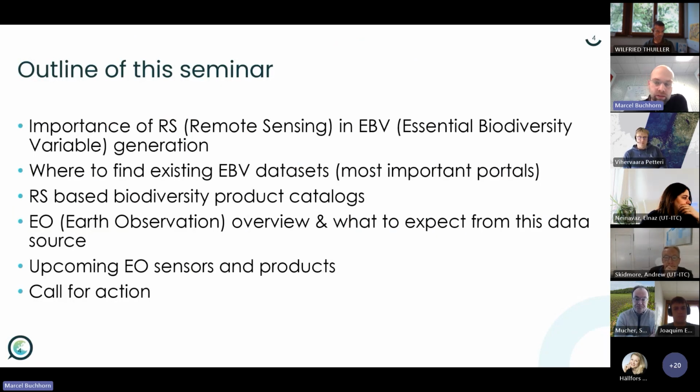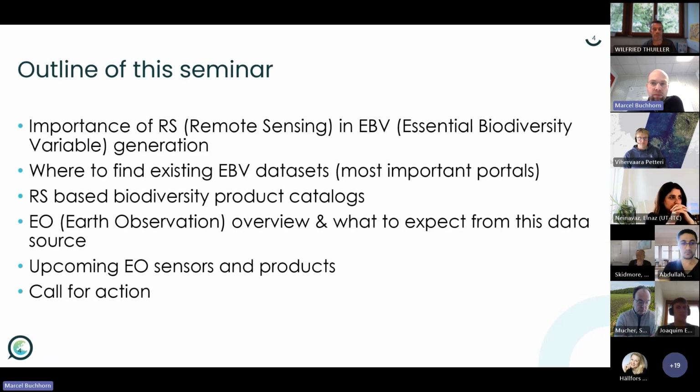Within this part of the talk, I want to show you which EBVs can mainly be observed with remote sensing, where you can find these data sets, where you can find biodiversity products, as well as what other options you have with remote sensing data if you want to go from the raw data.